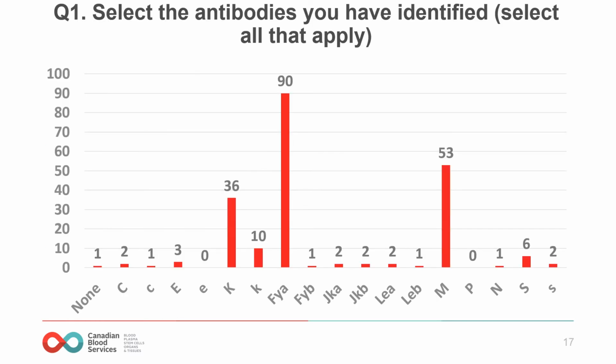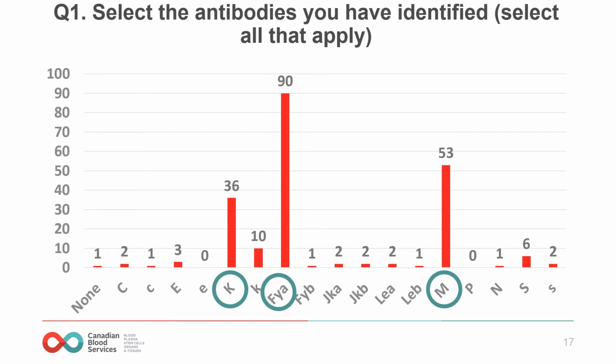So what we did at NIRL is that we pooled several donors' plasma with antibodies, and we gave it out to you for identification and testing. From that plasma, we identified three antibodies, namely anti-big K, anti-Duffy A, and anti-M.